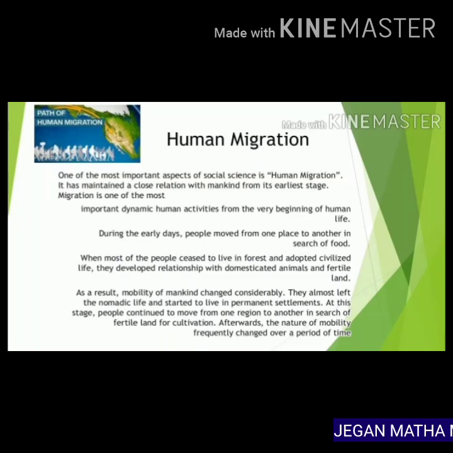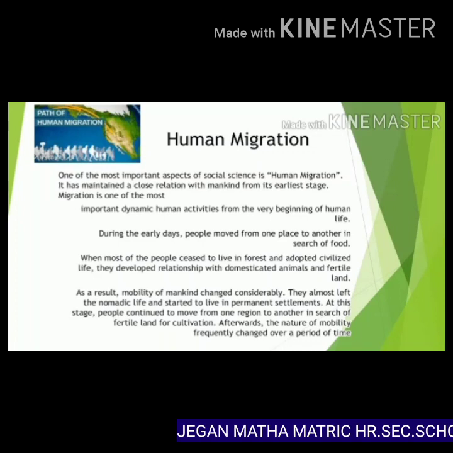When most of the people ceased to live in the forest and adopted civilized life, they developed relationships with domesticated animals and fertile land. As a result, the mobility of mankind changed considerably. They almost left the nomadic life and started to live in permanent settlements. At this stage, people continued to move from one region to another in search of fertile land for cultivation. Afterwards, the nature of mobility frequently changed over a period of time.